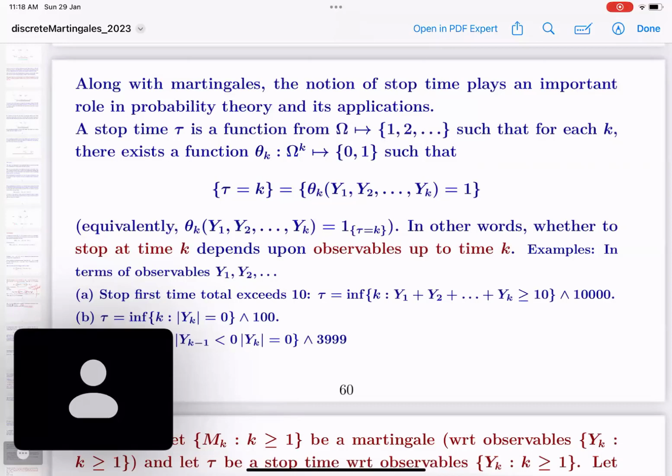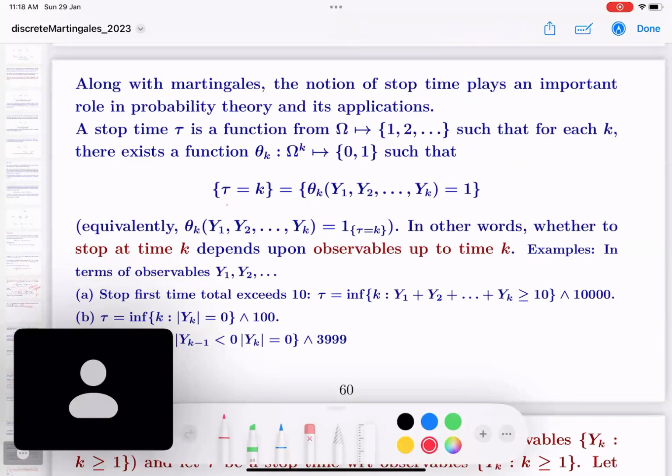A stop time tau is itself a random variable. It's a function from omega to the time index set, such that for each k, there is a function theta k, such that the event tau equal to k is a function of the first k observables.